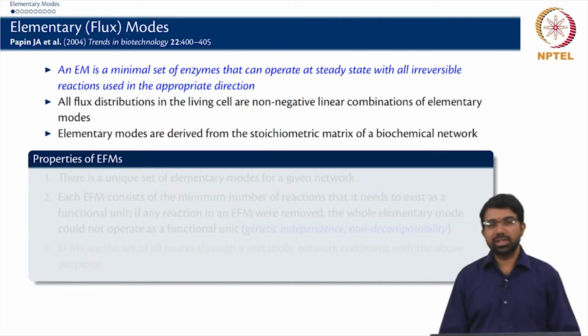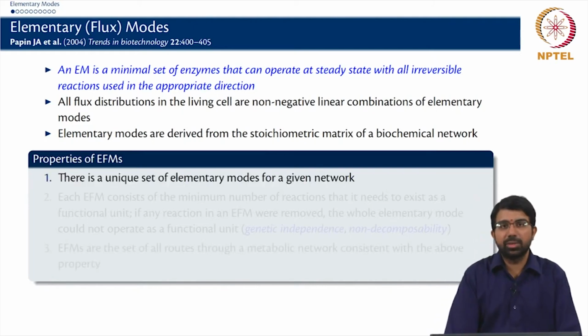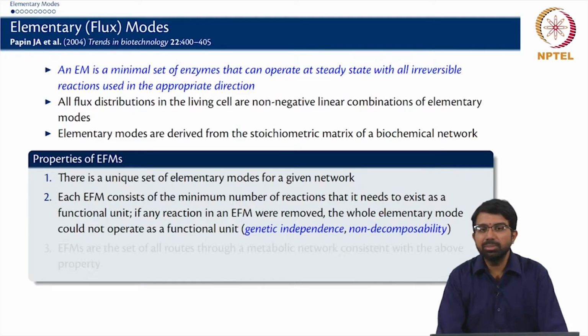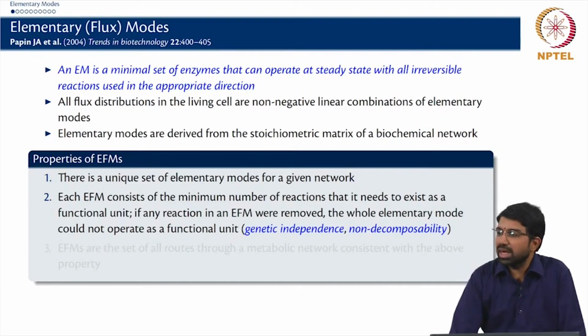What are the properties of the EFMs? First, there is a unique set of elementary modes for a given network, and each EFM consists of the minimum number of reactions it needs to exist in steady state as a functional unit. By definition, if you remove any reaction from an EFM, the elementary mode cannot operate.